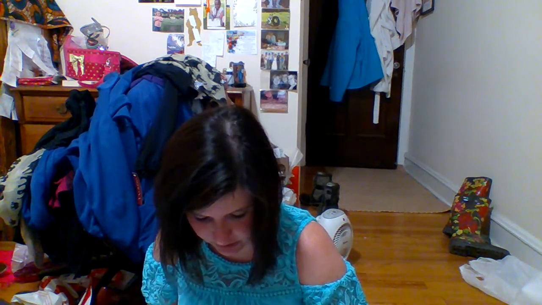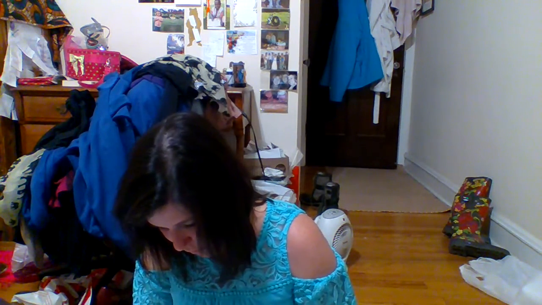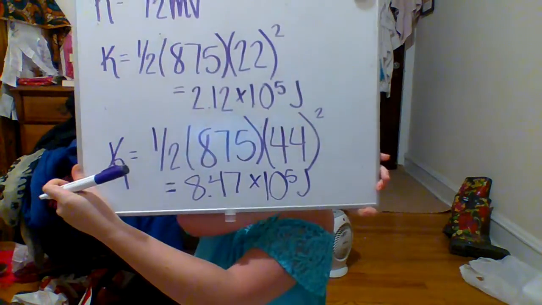When I was in high school, I would always forget to square it and I'd get it wrong. So make sure you remember to square it. That's very important. When you multiply 1/2 times 875 times 44 squared, you get 8.47 times 10 to the 5th joules. This is the final kinetic energy.